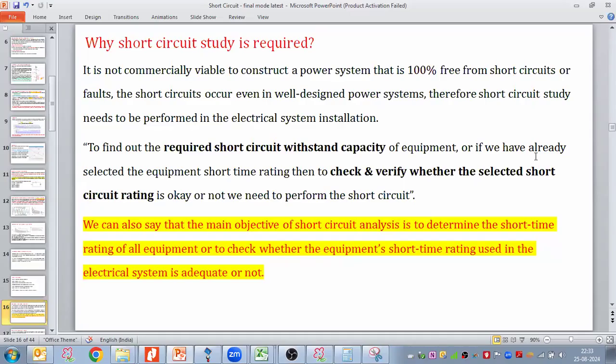In simple words, the main objective of short circuit analysis is to determine the short time rating of all equipment, or to check whether the equipment short time rating used in the electrical system is adequate or not.